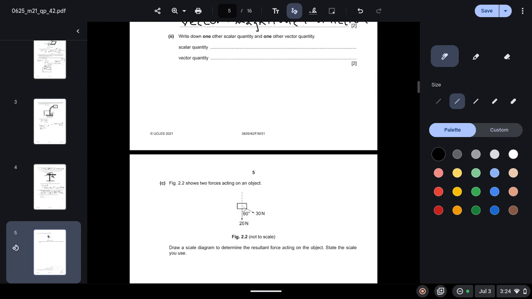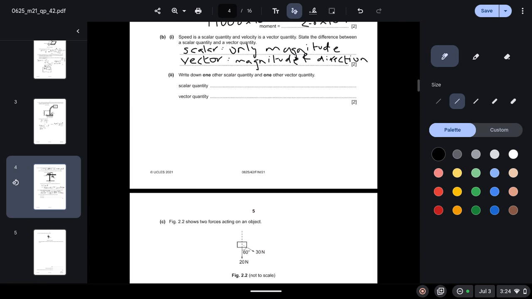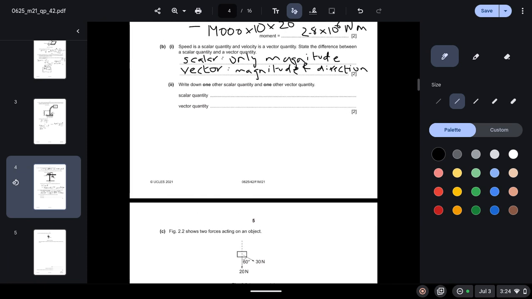Write down one other scalar quantity and one other vector quantity. So here you can write any scalar quantity that you want. The vector quantity can be force, and the scalar quantity can be time.